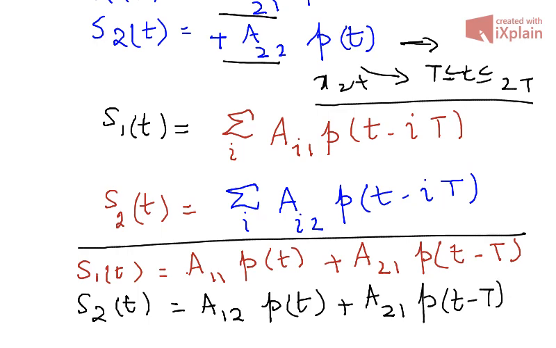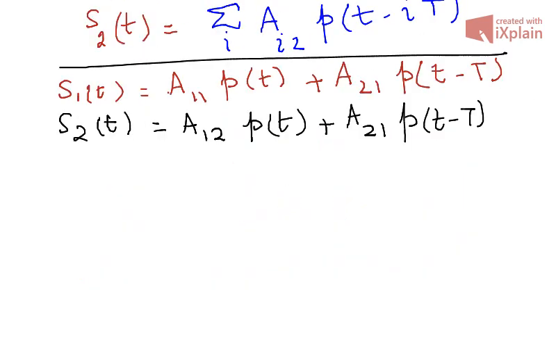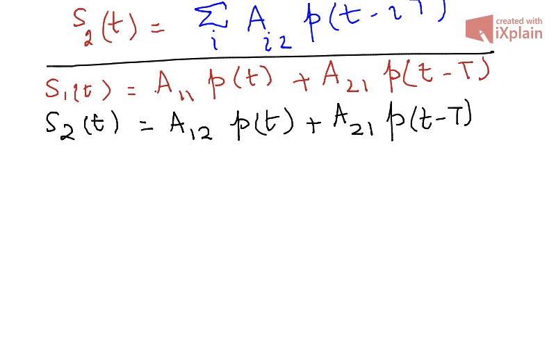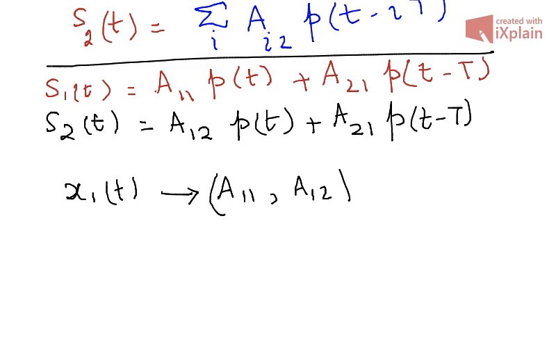Now if you compare this expression with whatever we discussed previously, when we transmit x1 of t, this x1 of t requires the transmission of a11 and a12 in the first time interval.